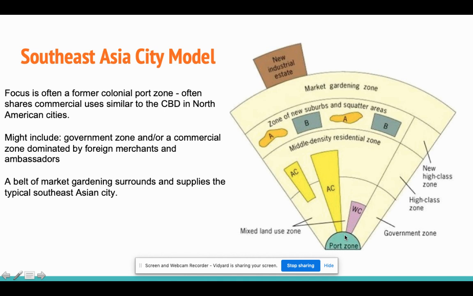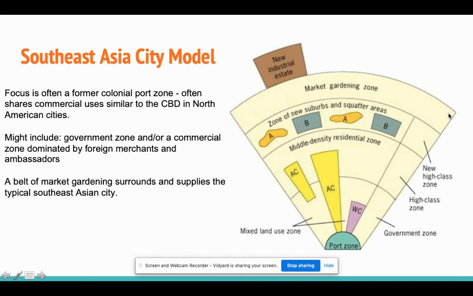Extending out from those port zones, it could possibly be government zones, which is what we see on the right-hand side of this model, or commercial zones. And then we have what's called a belt of market gardening that surrounds and supplies. Market gardening is another word for truck farming.